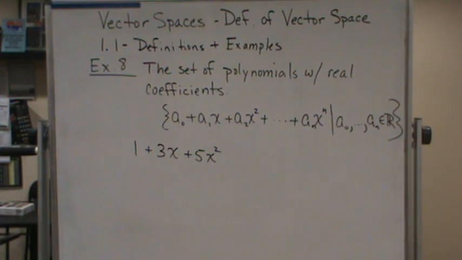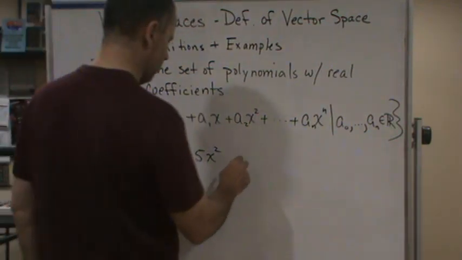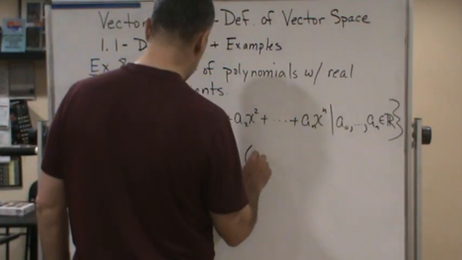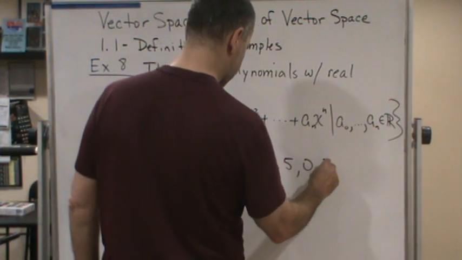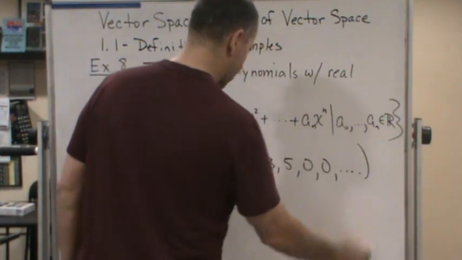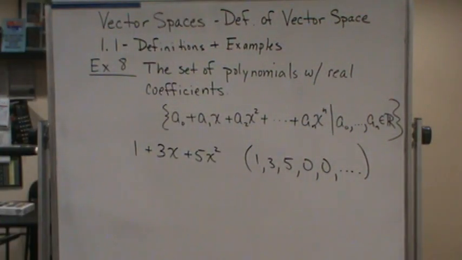Even though that has a finite degree, it's a second degree polynomial, it would correspond to the n-tuple that would be 1, 3, 5, 0, 0, and so on. So it'd be an infinite tuple that would correspond to that, where all of the following entries after 5 would be 0.